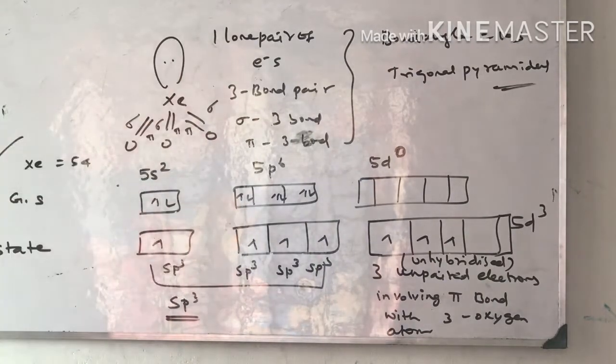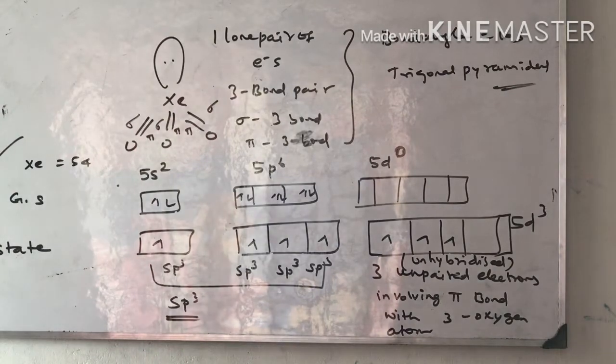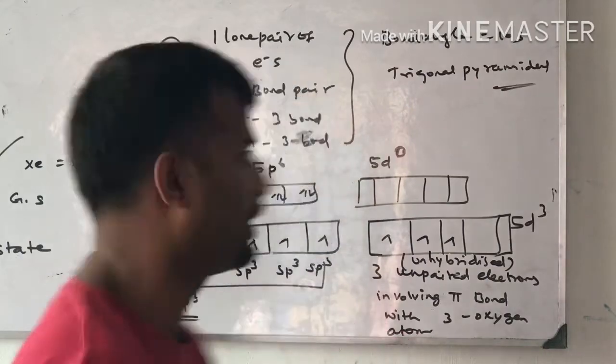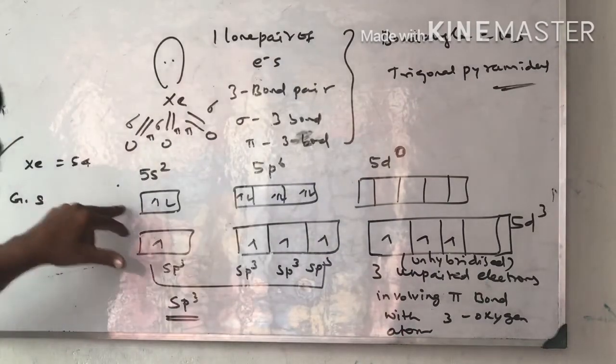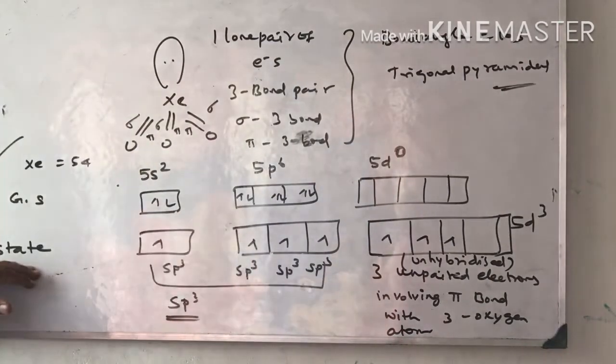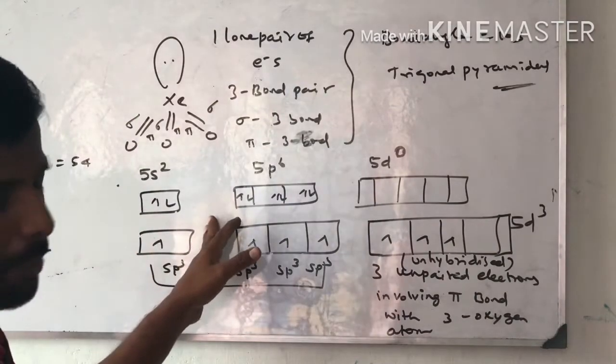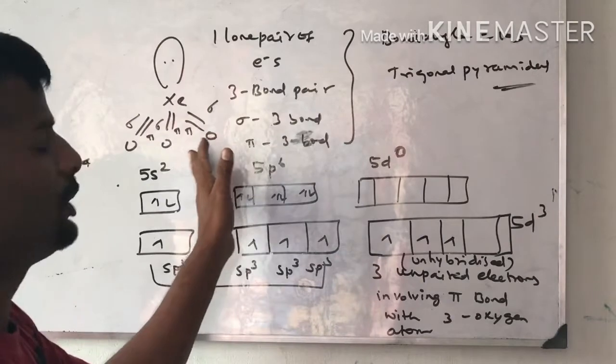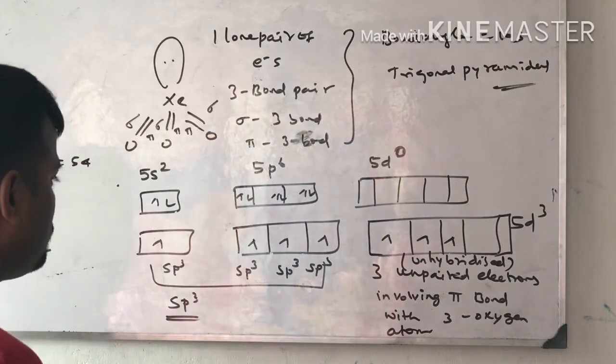This is the electronic configuration with the help of valence shell electron pair repulsion theory. Ground state configuration 5s2 5p6. In the excited state, 3 electrons from the p orbital shift to the d orbital by the hindrance of 3 oxygen.